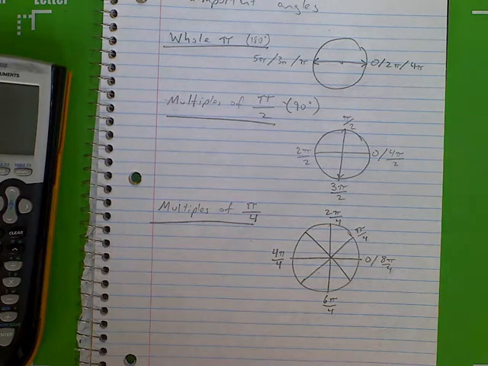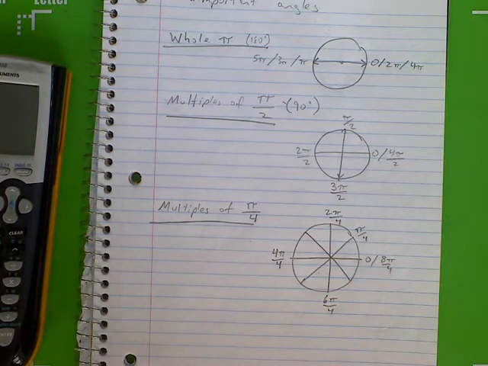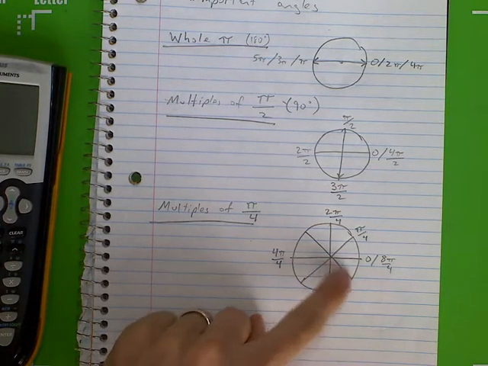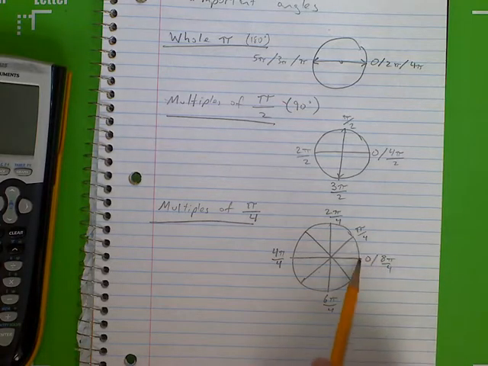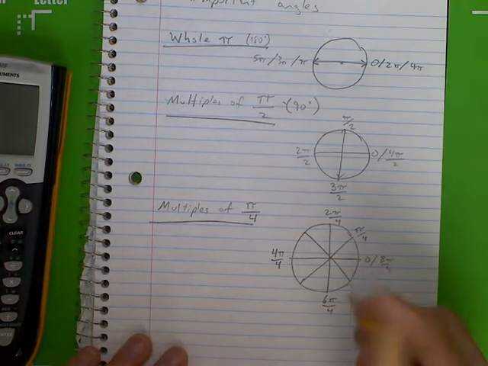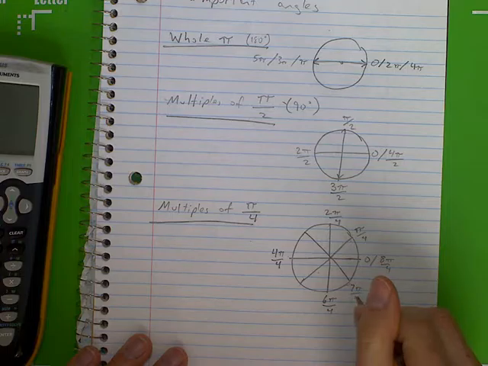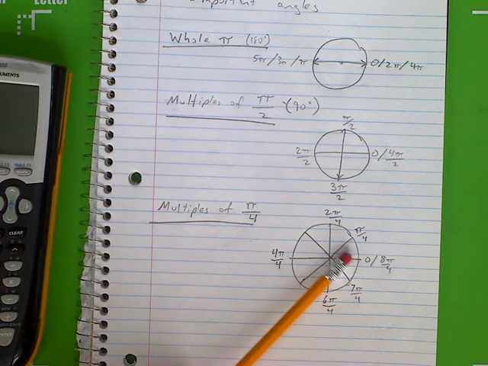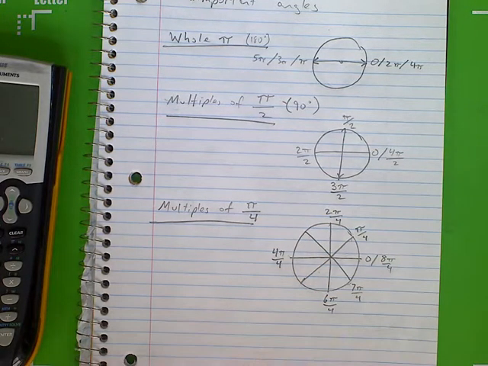So let's say I wanted to find 7 pi over 4. What can I do? Well, if I know I'm counting by fourths of pi and I know how big those are, I just count. I say, okay, 1, 2, 3, 4, 5, 6, 7. It's right there. So that's what we want to be able to do. Find these things just by counting. 1, 2, 3, 4, 5, 6, 7 out of 4.